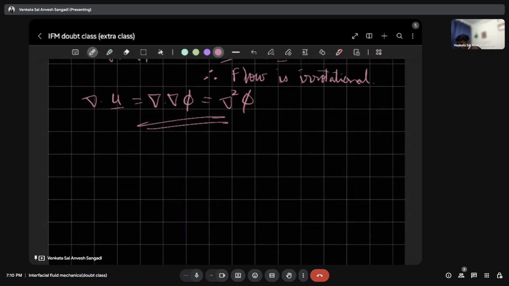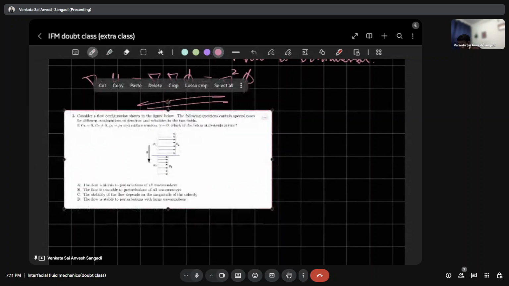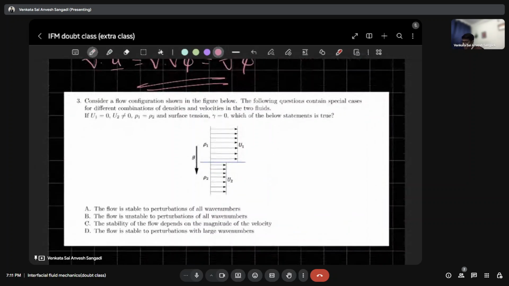So let's look at the next question. Consider a flow configuration shown in the figure below.